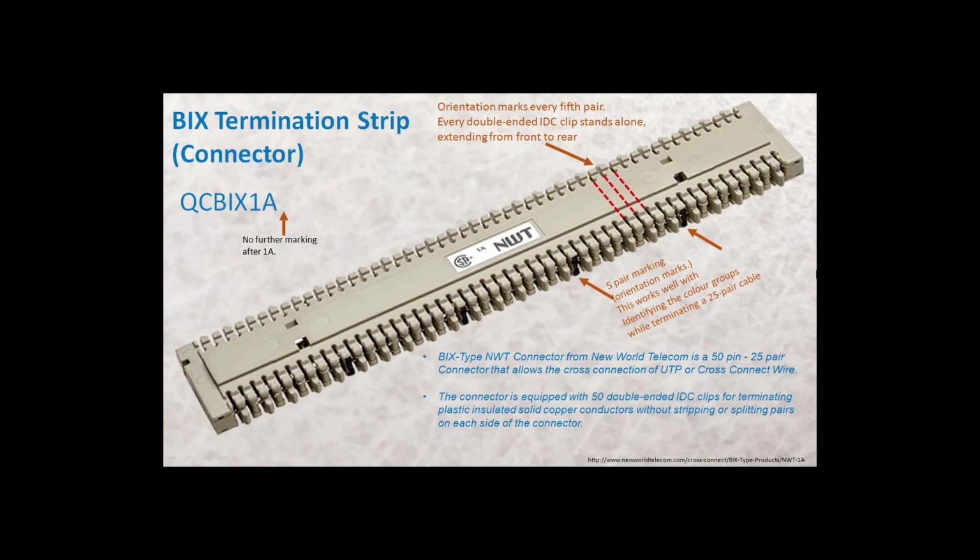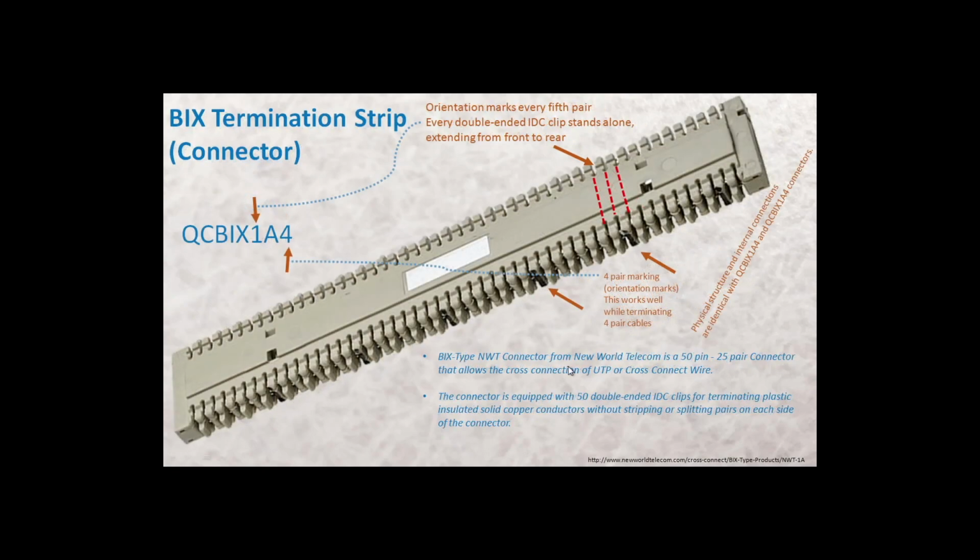Now let's take a look at another strip, which is designated slightly differently. You see at the end, there's a number 4. Okay, that means that the orientation marks are every 4th pair. So here is pair 1, 2, 3, 4, orientation mark, 1, 2, 3, 4, orientation mark, and so on.